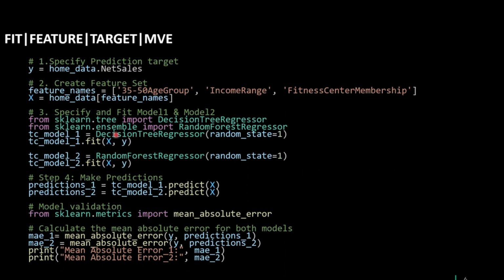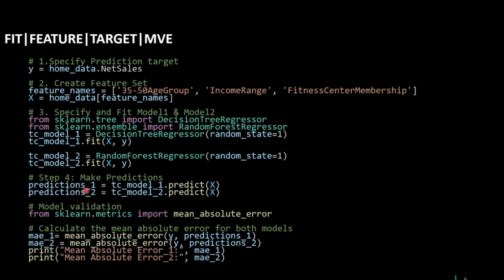For model 1, we are initializing decision tree regressor, which comes from sklearn tree. For model 2, we are initializing random forest regressor, which comes from sklearn ensemble. For these two, we have given random state 1 so that if we run this test again and again, we get the same output.